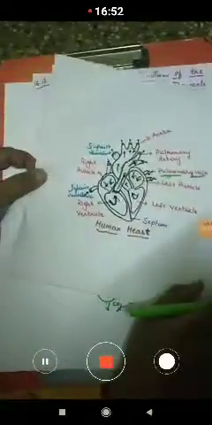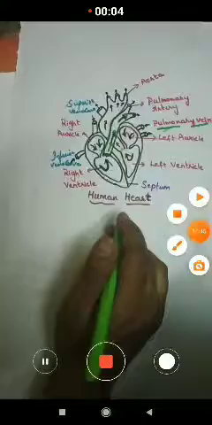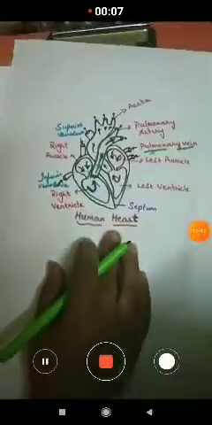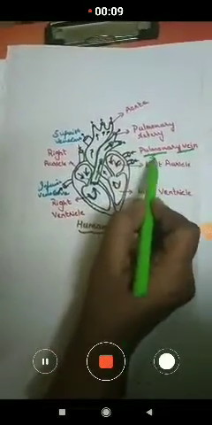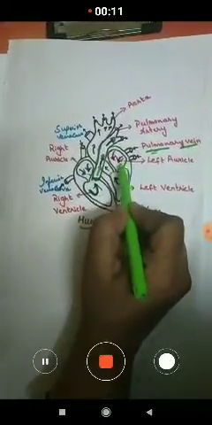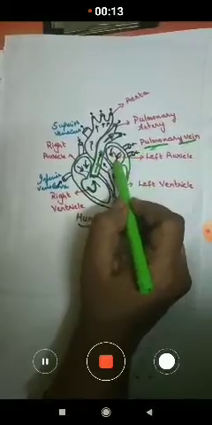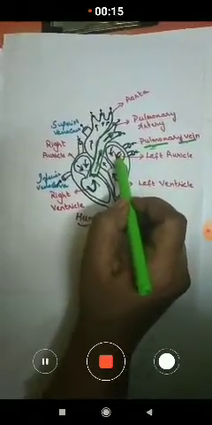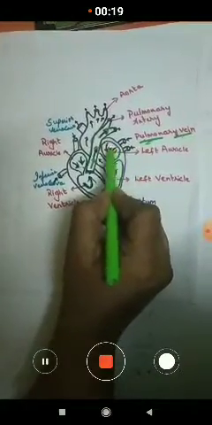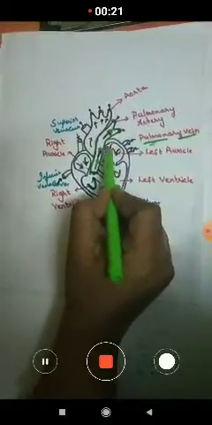So now here what happens? The left auricle, children, is a receiving chamber. It receives the oxygenated blood, that is the pure blood. From the pulmonary veins, the left auricle receives the blood.